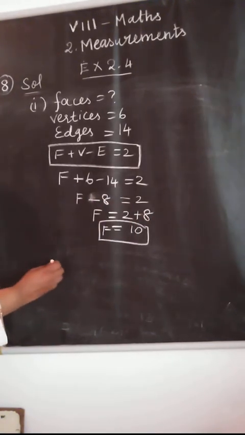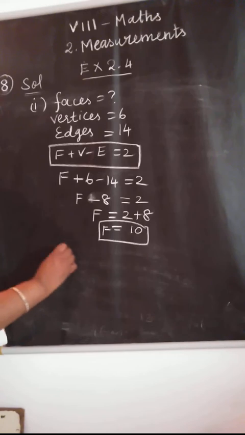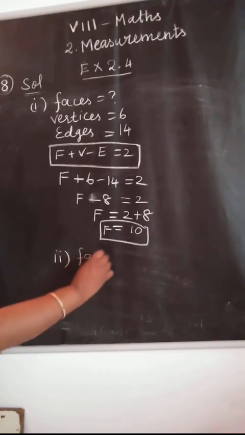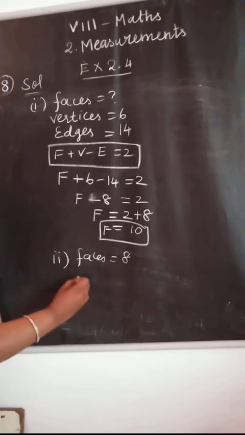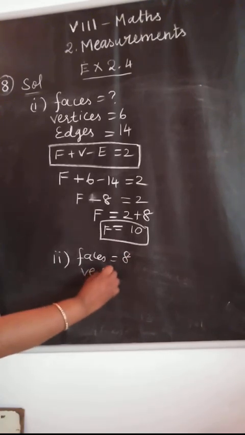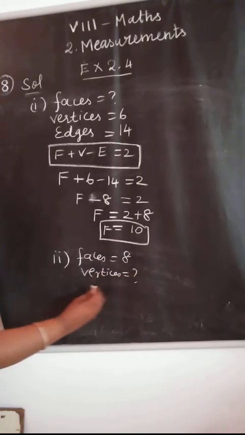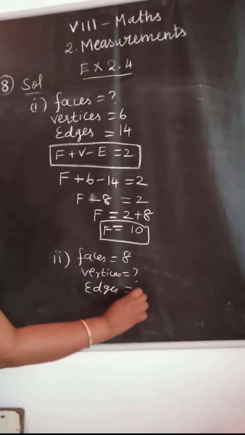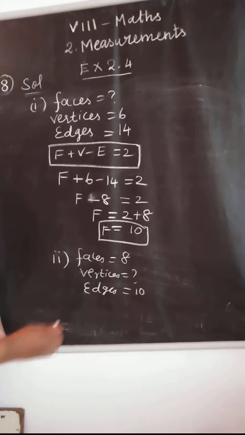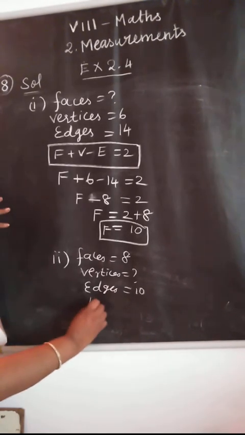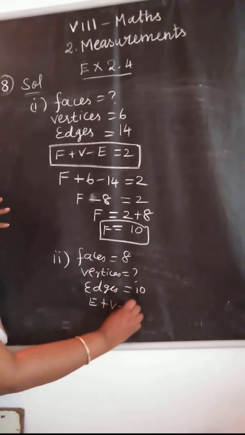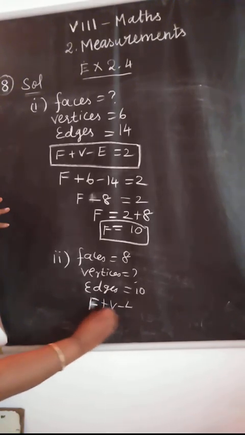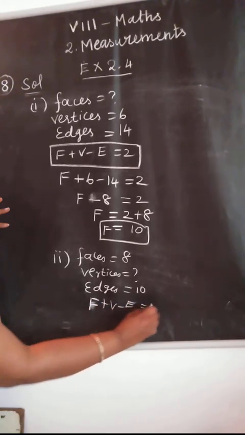Okay. Now second one. Second question. Faces equal to 8. Vertices question mark. Edges equal to 10. Now use the Euler's formula. F plus V minus E equal to 2.